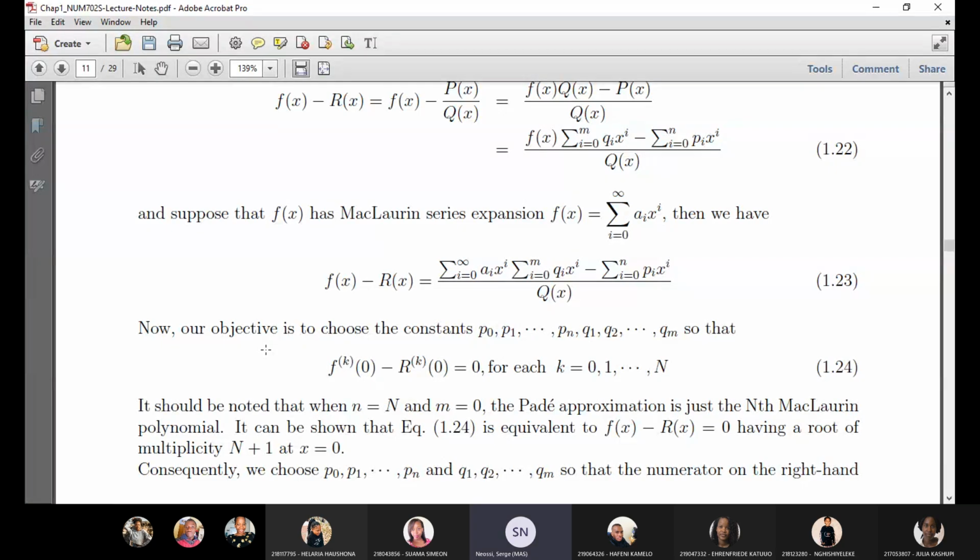Okay, now, if we compute the derivative of this function, let's say k times, where k will vary from 0 to n.